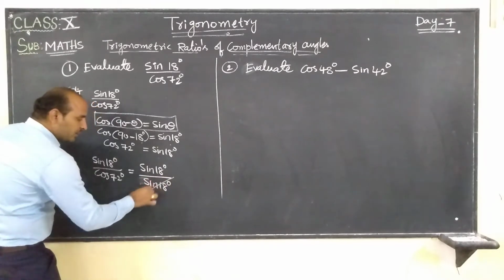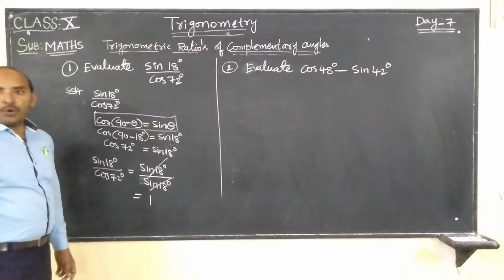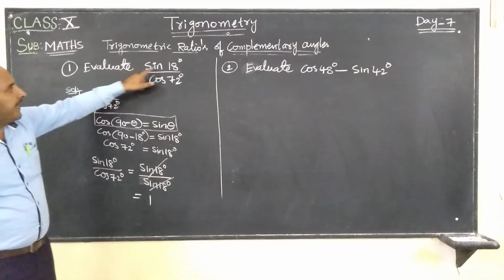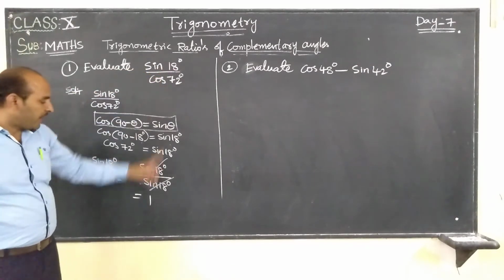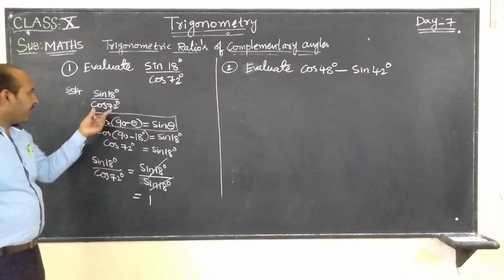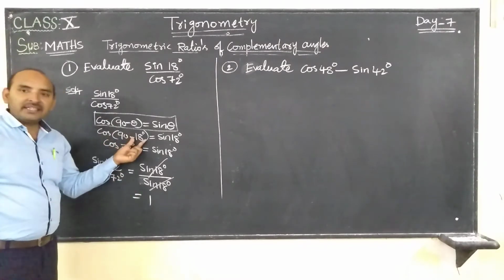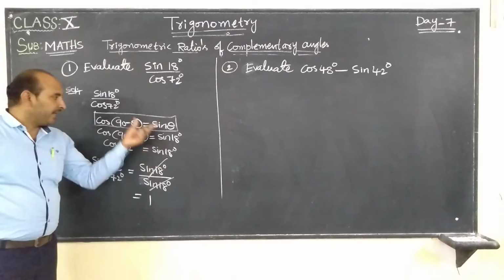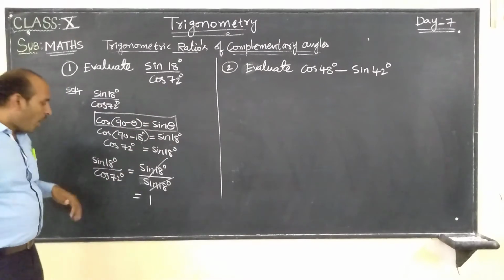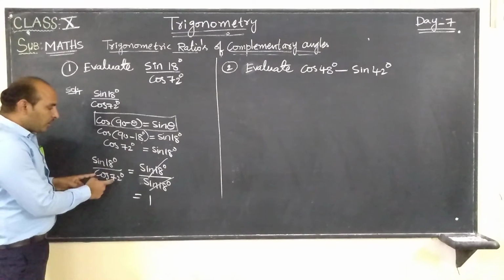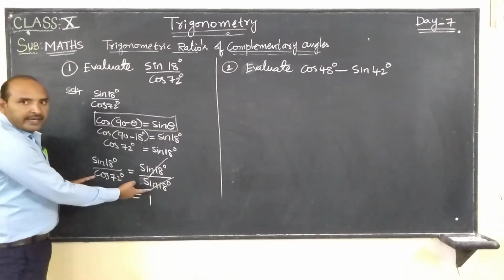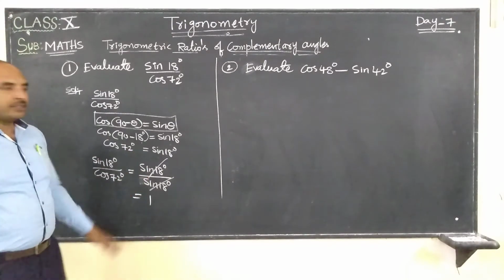So sin 18 degrees divided by sin 18 degrees cancel, and you get the answer 1. Cos 72 degrees is 90 minus 18, which is sin 18 degrees according to the formula. Both are cancelled, which is equal to 1.